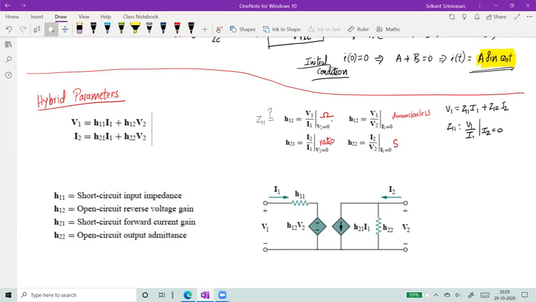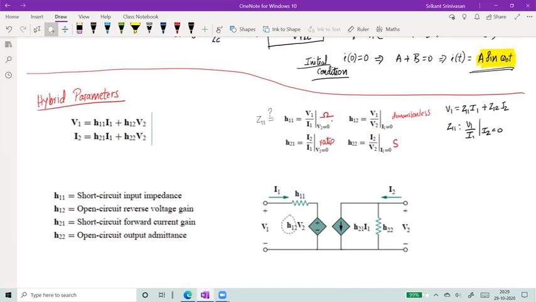So V1 is I1 times H11. This is ohms into current, it's voltage, plus H12 V2. I have a V2 applied here, and V1 is dependent on V2 through H12. H12 is the dimensionless reverse voltage gain, open circuit reverse voltage gain. So H12 is V1 divided by V2.